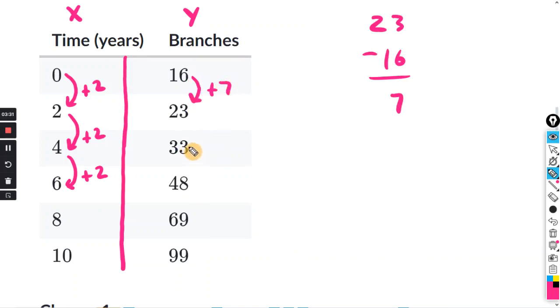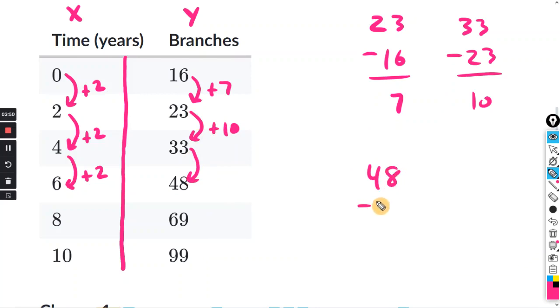Now if I subtract 33 minus 23, that's just 10. So to go from 23 to 33, that's plus 10. I'll do one more. 48 minus 33, that's 15. Okay, so clearly we're not adding the same number each time.